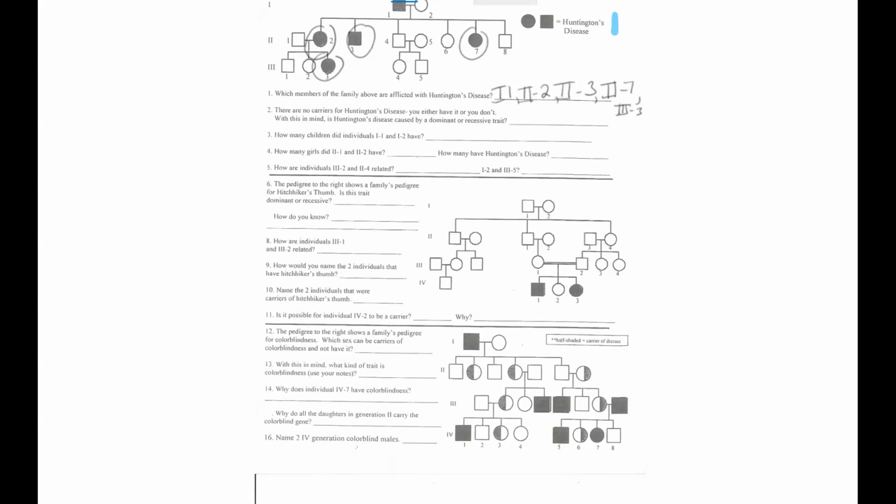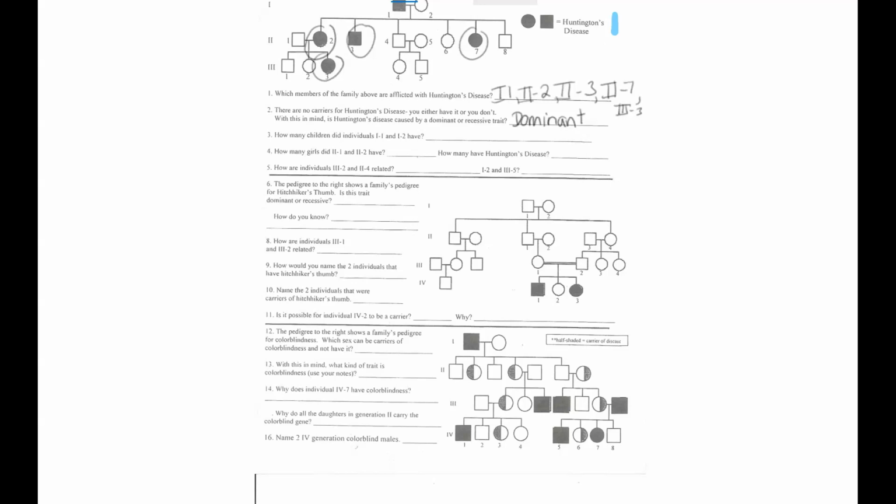So it's basically a dominant condition, therefore not recessive. Okay, so it's not going to be little h, it's going to be the capital letters.